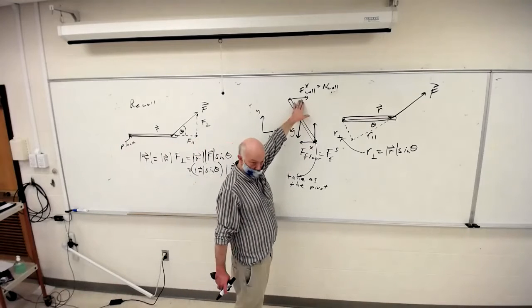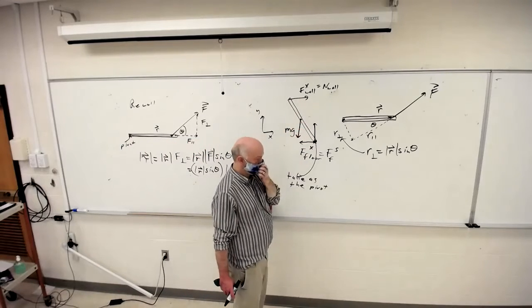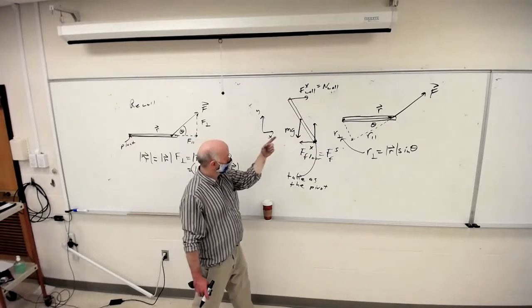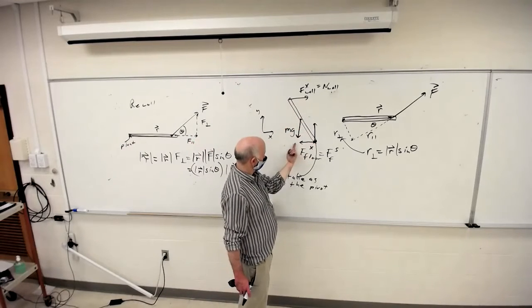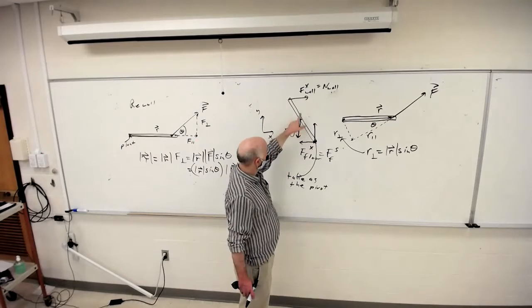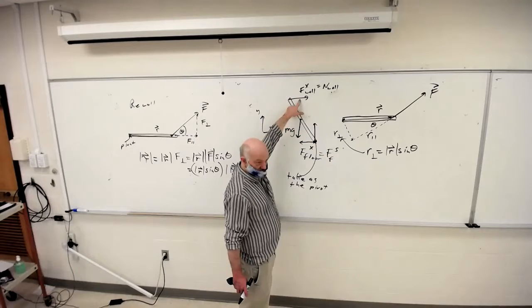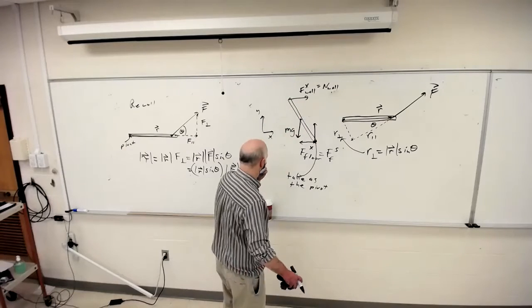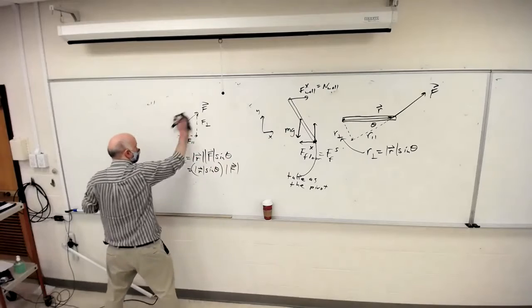I can say the torque from this wall as well. R parallel? I can take this R here and break it up into part like this and like this. So I can say the torque due to this guy is going to be this distance here times this. This is a very subtle point.